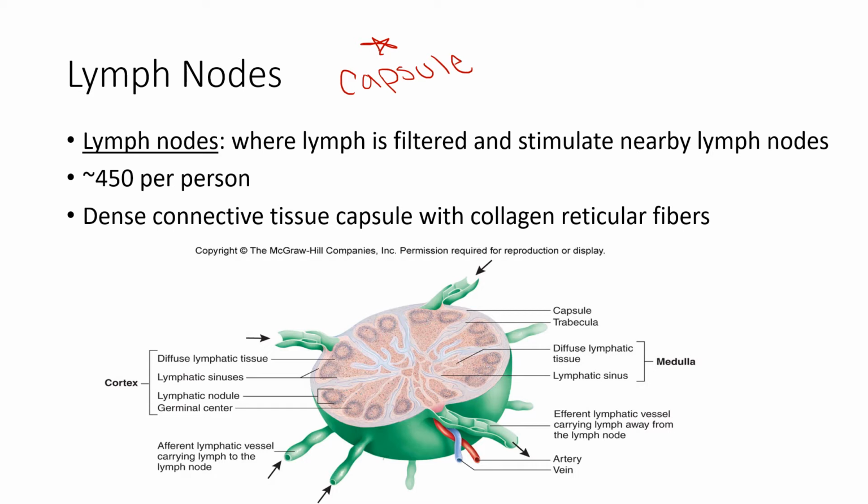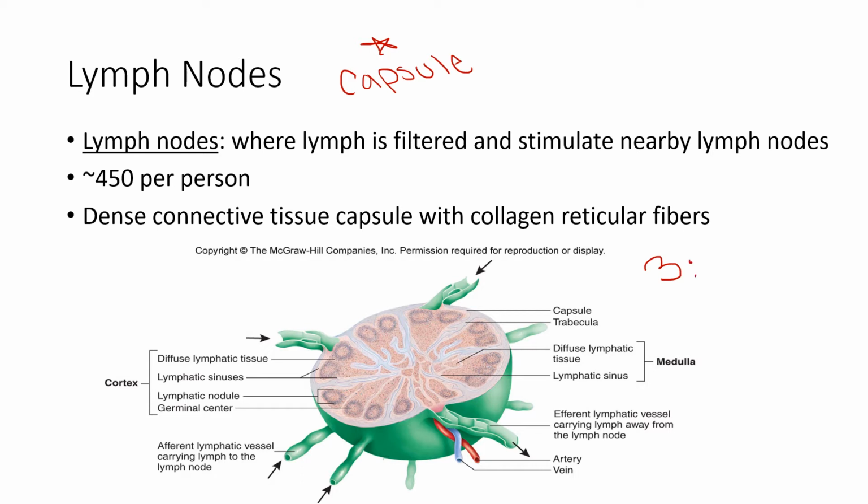So lymph nodes are going to be where lymph, remember that fluid, is filtered and will stimulate nearby lymph nodes to process that lymphatic fluid. So in an average person, you have roughly 450 lymph nodes at any given point in time. You have three superficial groups of lymph nodes. I do want you to know their location and in general kind of where they are. So there are three of them.